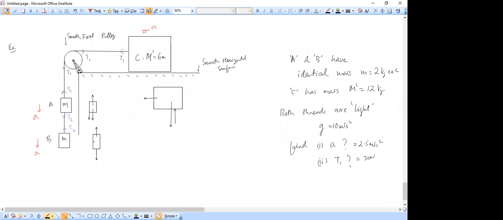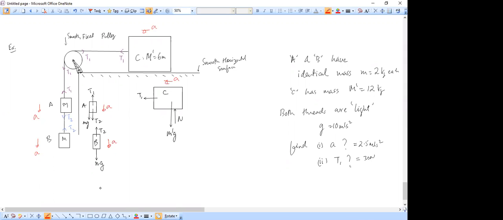So, mg, T2, mg, T2, T1, T1, m prime g, and let's say normal reaction from the ground. And all of them are having the same magnitude of acceleration. These two are having acceleration downwards. This one is having acceleration horizontally.